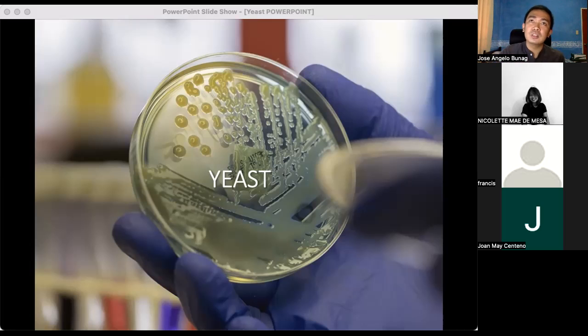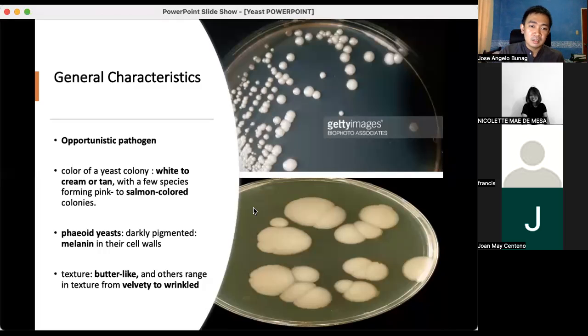And with regards to the mode of reproduction of your yeast, usually budding or fission ang mode of reproduction ng ating mga yeast. And with regard to budding and also fission, usually this is the maturation of your bud to another structure, which is your blastoconidium.